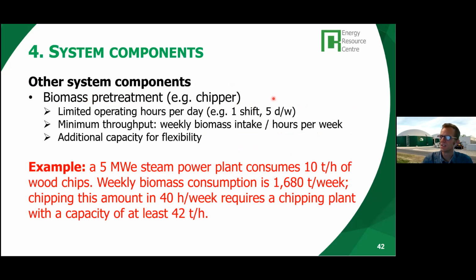You typically look at the minimum throughput of such systems, which could depend on the total biomass intake over certain periods, for example over a week, divided by the number of hours per week that you want to run the system, or the chipper.